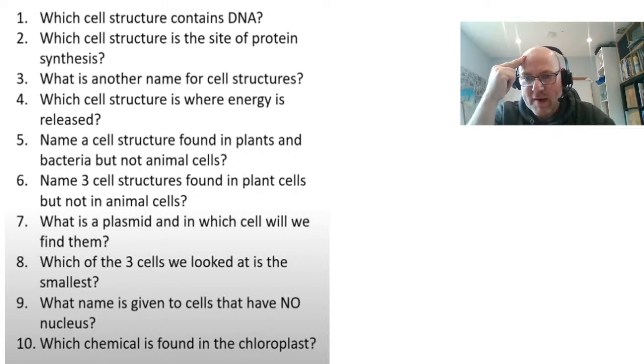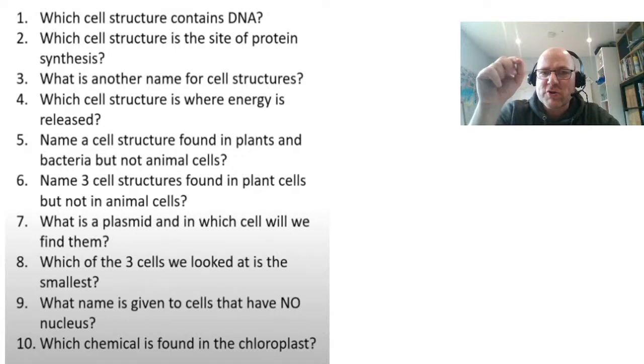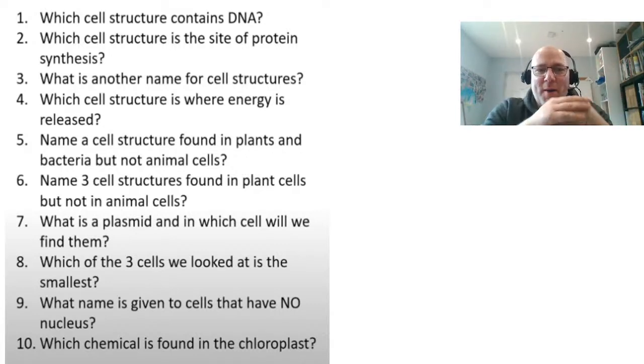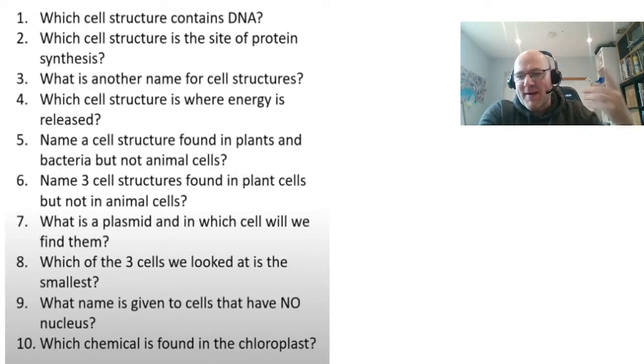Yeah, chlorophyll's right for number 10, Sophie. Well done. What cell structure would you find in a plant and an animal, but not a bacteria? Yeah, cell wall, George. That's right. Cell walls are in, sorry, they're in plant and bacteria, but not animal.